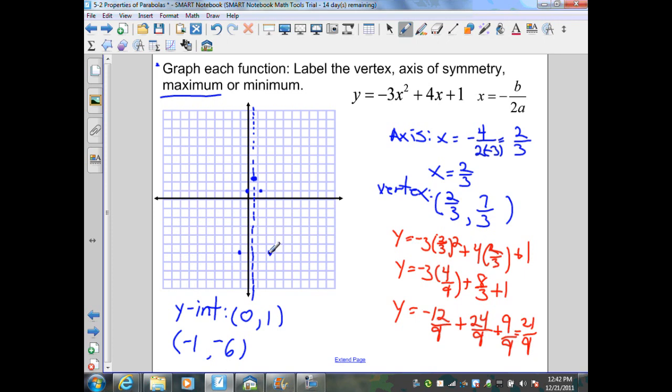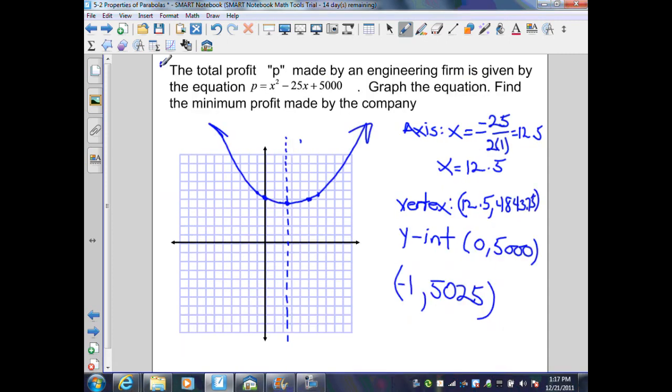Then I sketch my parabola. Then I make sure I answered all the questions. I labeled the vertex. It is at this ordered pair, represented on my graph. The axis of symmetry is here, and my vertex is a maximum.